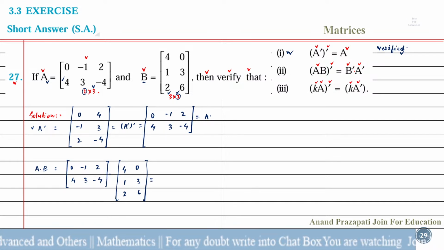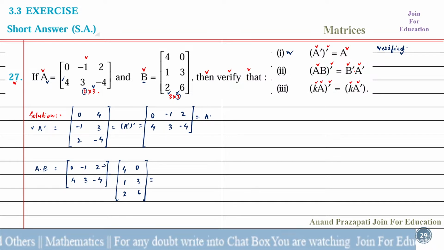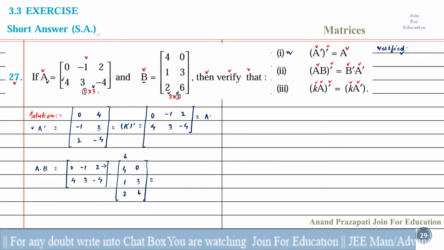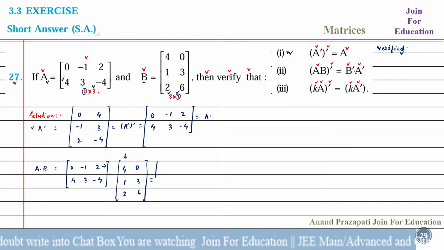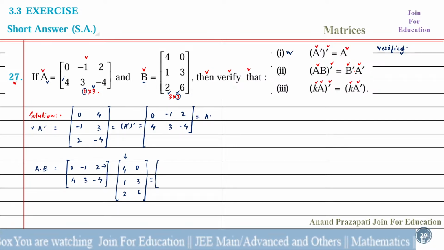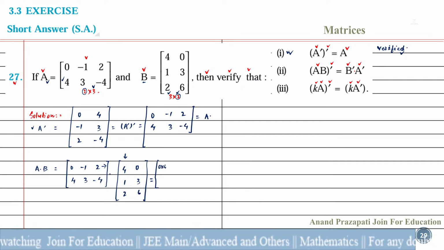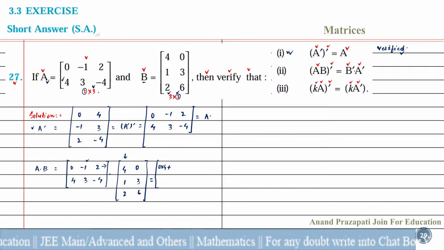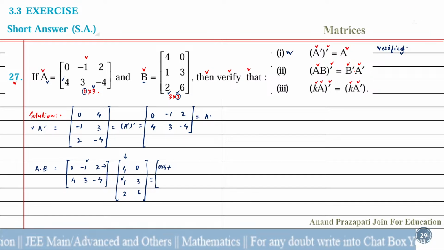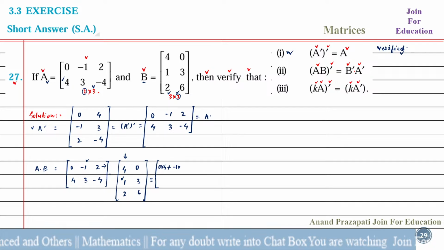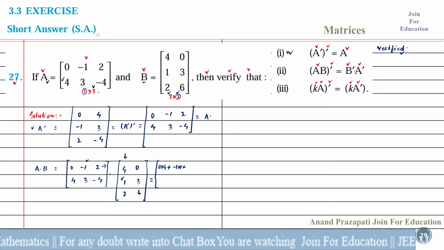So the multiplication here will be first row by first column, then we get 0 into 4. We write down here that the order of this one will be 2 by 2. So 0 into 4 plus minus 1 into 1 plus 2 into 2.